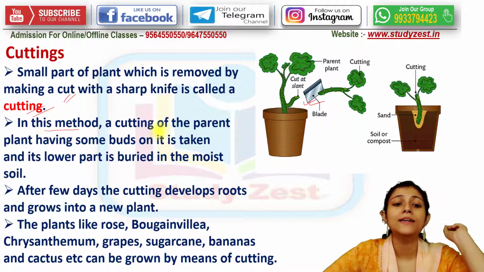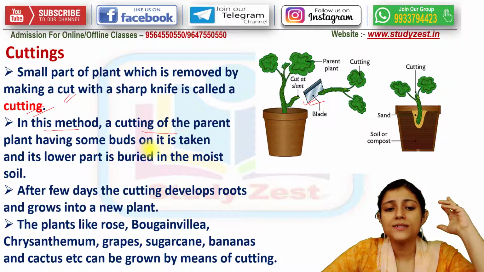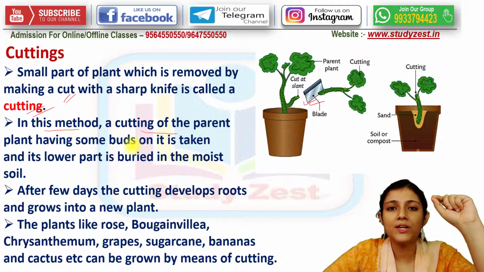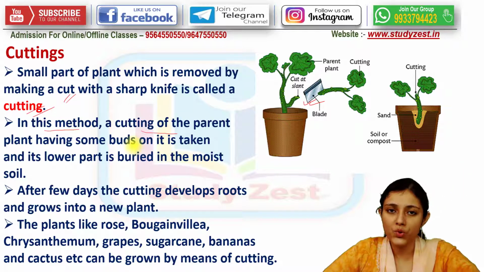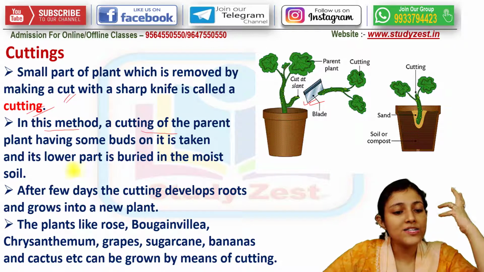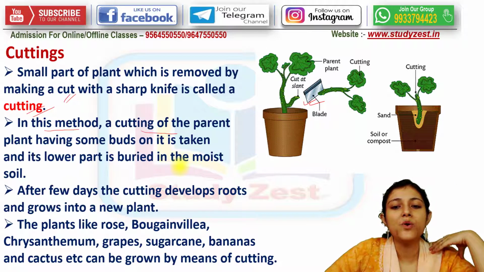In this method, the cutting of the parent plant, having some buds, maybe some floral buds, the initial parts from which the flower starts to grow, is taken and its lower part is buried in moist soil.